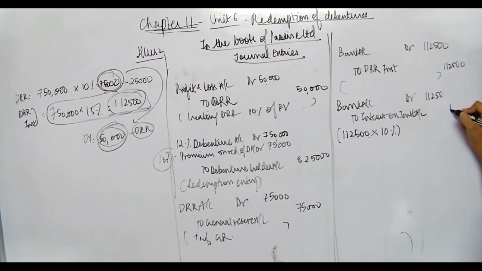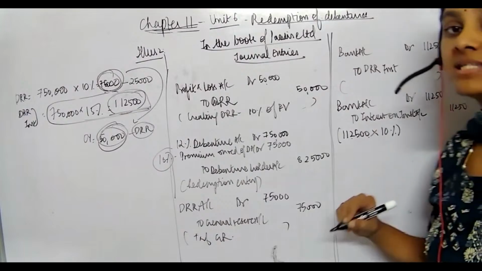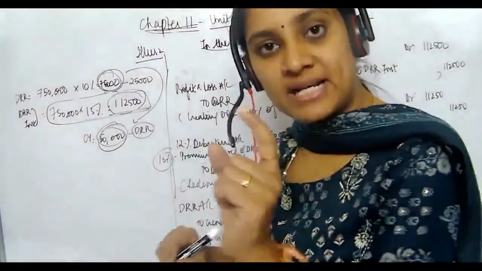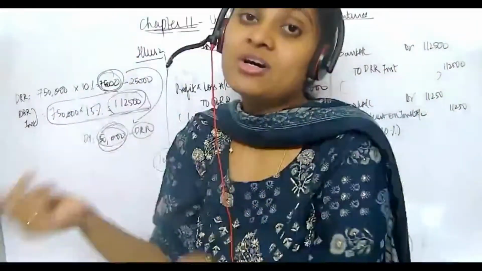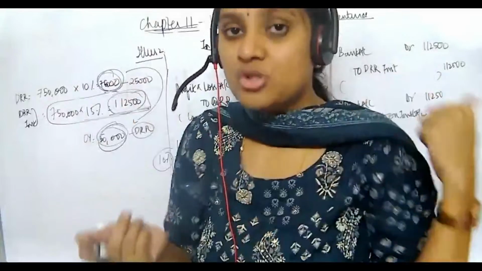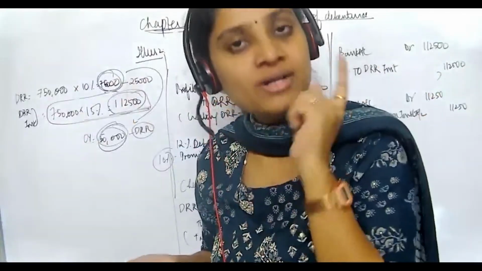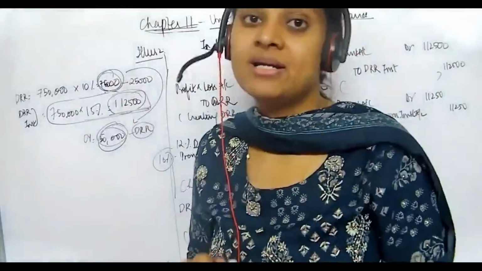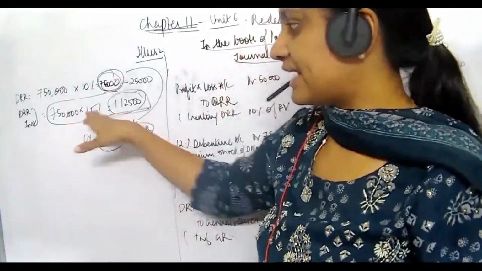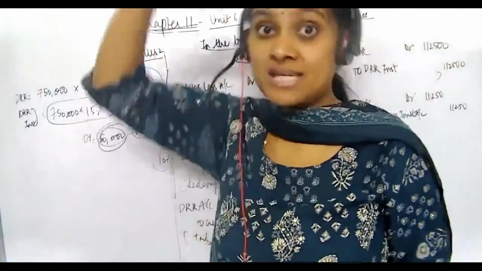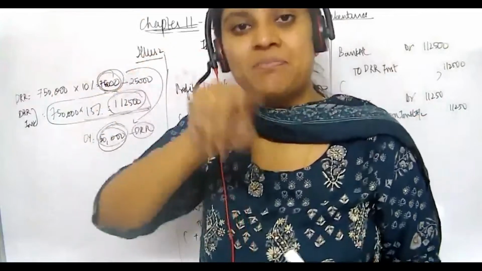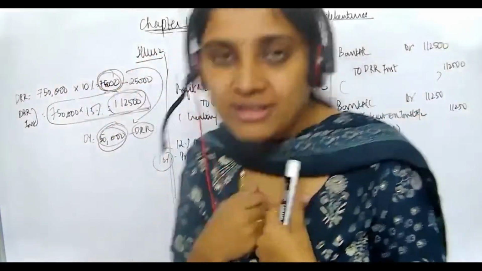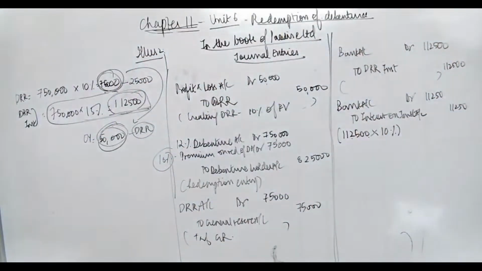Why, madam, are you taking it for the full year? Because the debentures are redeemed on 31st of March, and the balances in the books are as of 1st of April. I had the investment for one full year, correct? So this 1,12,500 I invested at the beginning of the year, on which I am eligible to get 10% interest. For that I am passing the entry here.